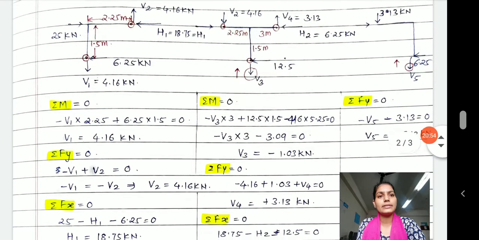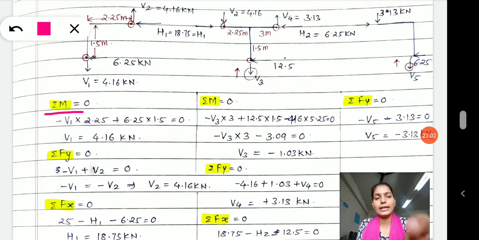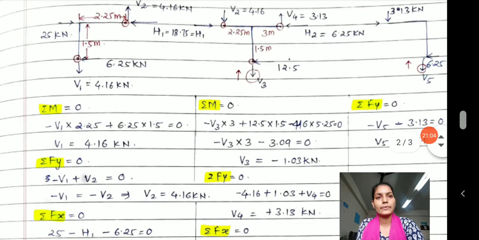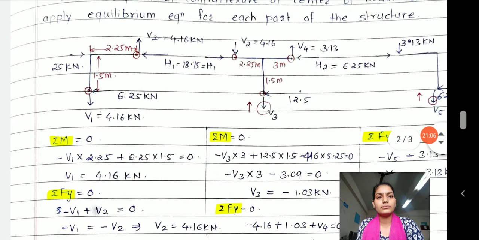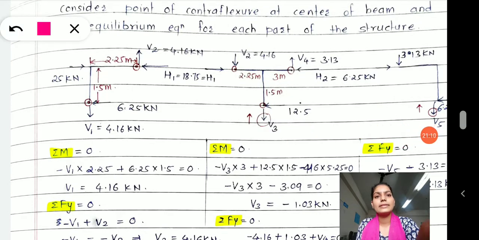For this analysis, summation of moment at M equals 0. See, I'm taking the moment at this point. At this place I'm taking the moment and doing the summation of moment equals 0.